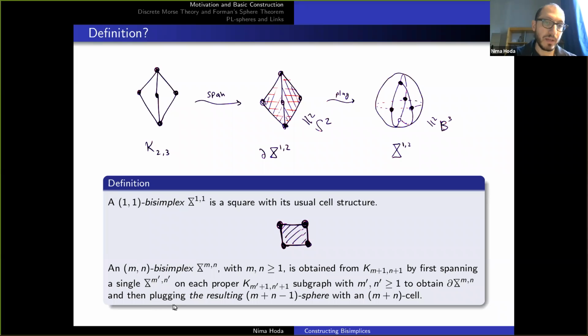Then we take the resulting (m+n-1)-sphere and plug it with an (m+n)-cell. That's the idea for a construction.